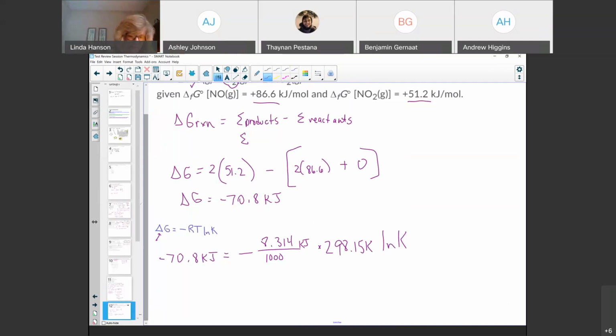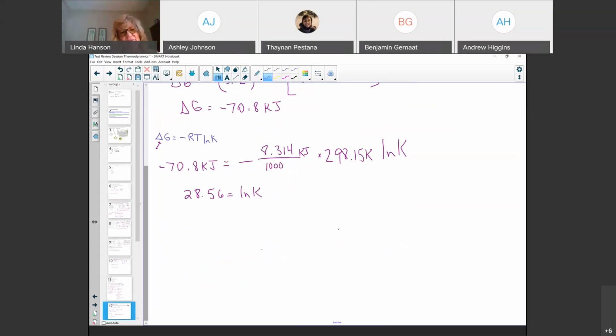And I'll divide out again by 298.15. Looking good so far. We want to get the K by itself.